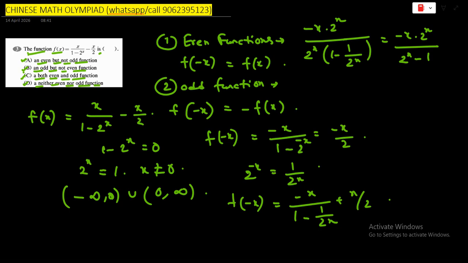Now I want the bottom to look like our original 1 minus 2 to the power x. So I'll put a negative sign out of the denominator. So this is what? Minus x into 2 to the power x by minus of 1 minus 2 to the power x. So it will be equal to x into 2 to the power x by 1 minus 2 to the power x. Now our f of minus x looks like this.